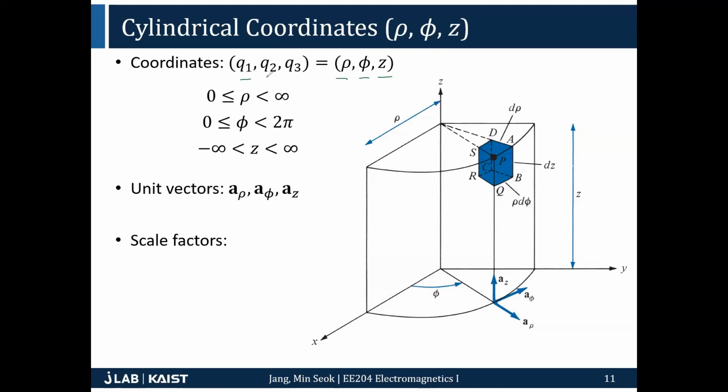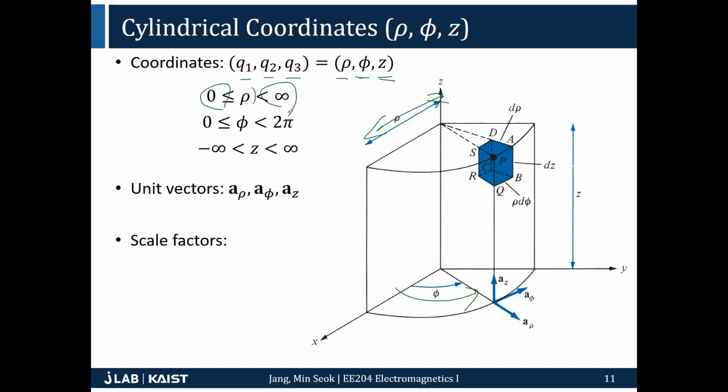So rho, phi, z. Rho is the distance from the z-axis, okay? And then phi is what we call azimuthal angle, right? So angle in the xy plane. And then z is z, the same as the Cartesian coordinate. And then if you think about the domain of variables, rho runs from 0 to infinity, right?